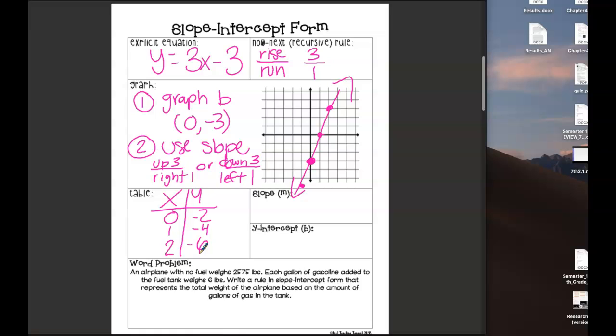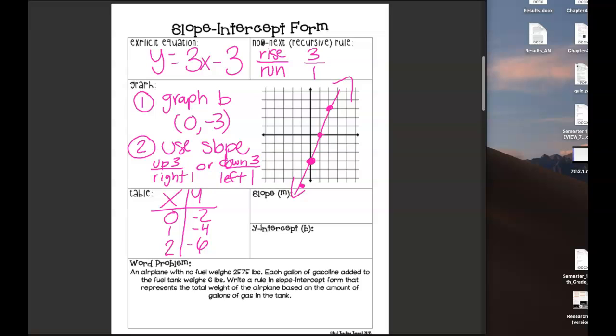How do you find the slope in a table? Levi? You could do y2 minus y1. Yep, I could use my slope formula. What's the easy way? I'm kind of lazy. I want to use the easy way. Sarah? Find the constant rate of change.